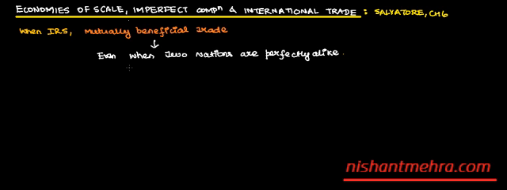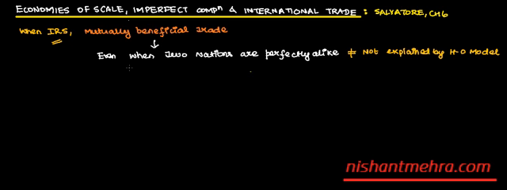This type of trade is not explained by the Heckscher-Ohlin model. The point is that there is a mutually beneficial trade which can take place under the IRS assumption, even if two nations are perfectly alike. That's what we're going to see in this chapter.